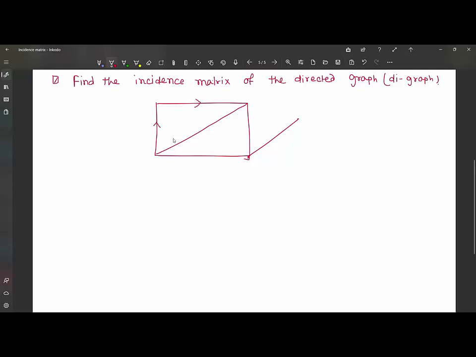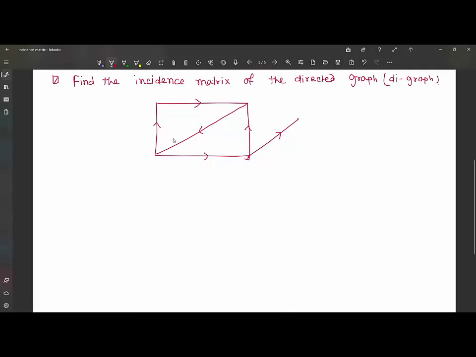Suppose this is the direction on each edge. A directed graph means each of the edges has some direction. For the non-directed graph, there are no edges with direction, and for the directed graph, there are no edges without direction.